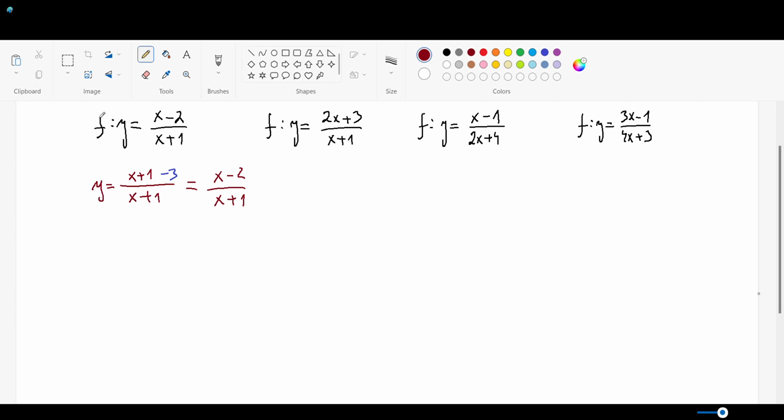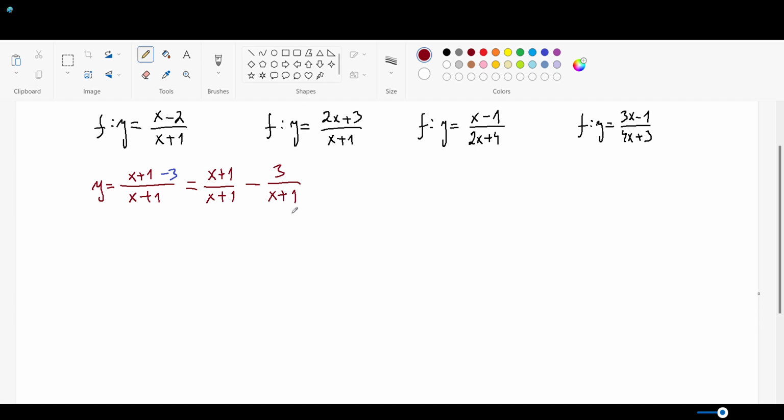This was just the proof that this is really the same thing, but what is most important for us here is that we can split this fraction into two fractions, and the first fraction would be x plus 1 divided by x plus 1, take away 3 divided by x plus 1.